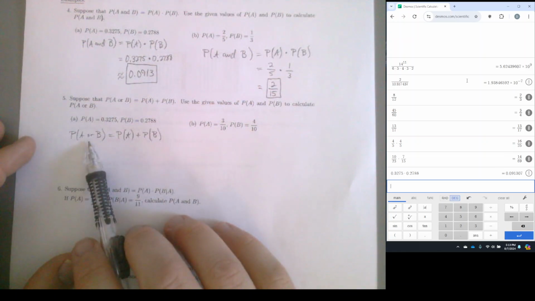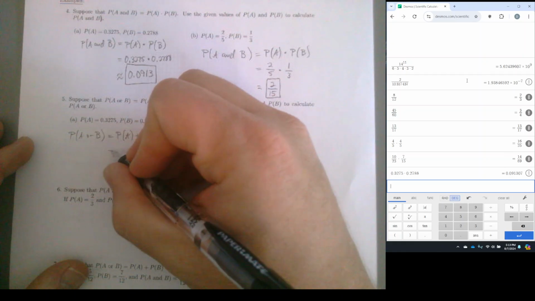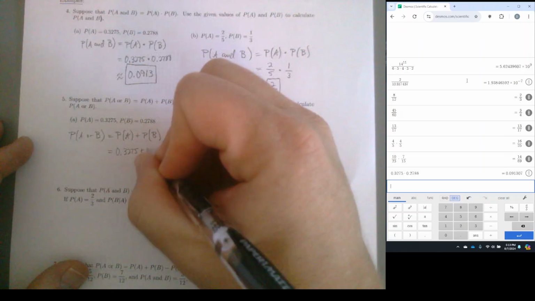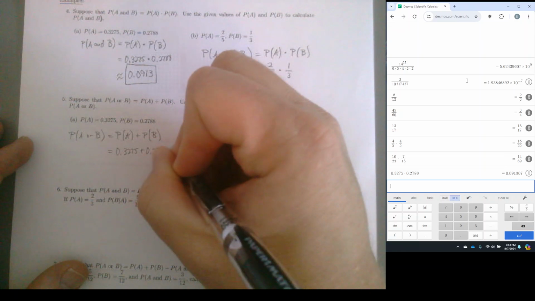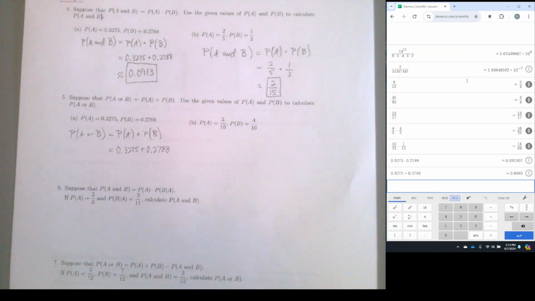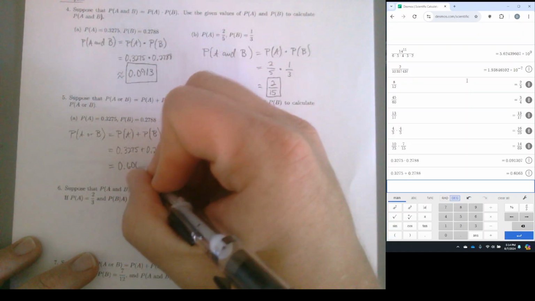We know that probability of A or B is probability of A plus probability of B, which in this case is going to be 0.3275 plus 0.2788. So I can type those into my calculator, 0.3275 plus 0.2788. And there we go.